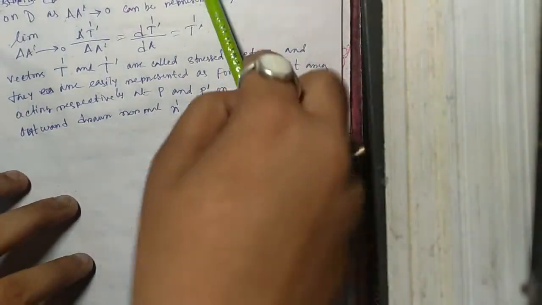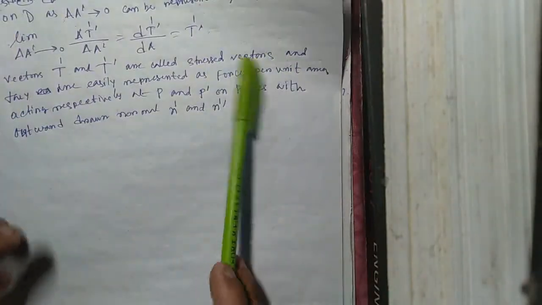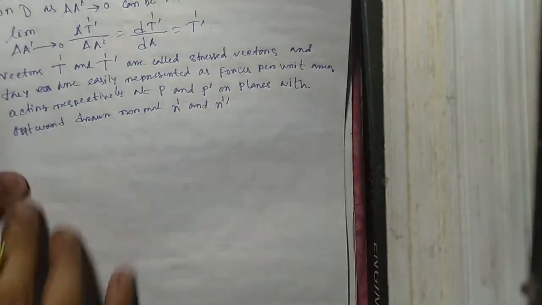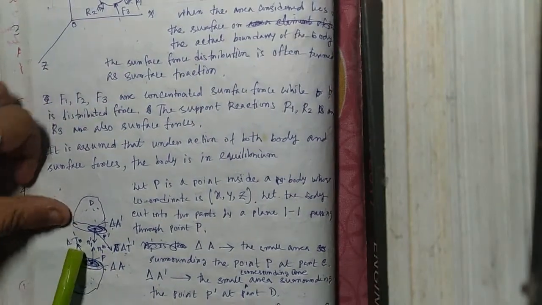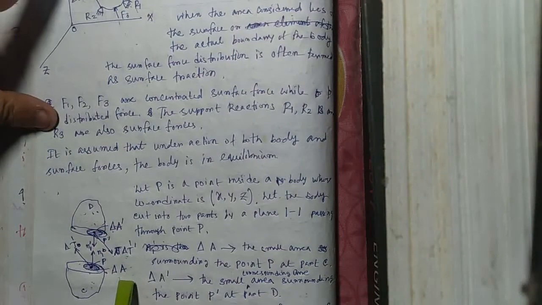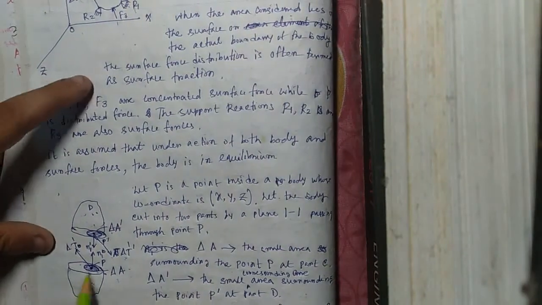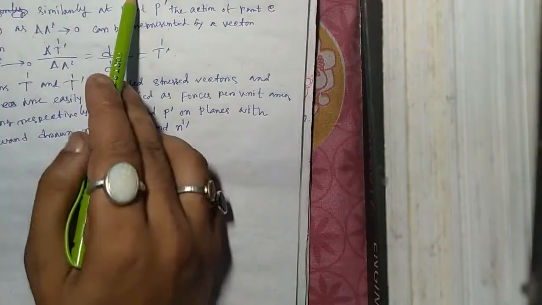We further assume that the stress vector T1 representing the action of C on D at P is equal in magnitude and opposite in direction to the stress vector T1 dash representing the action of D on C. We can see that delta T1 by delta A is equal to T1, so T1 is the stress vector.